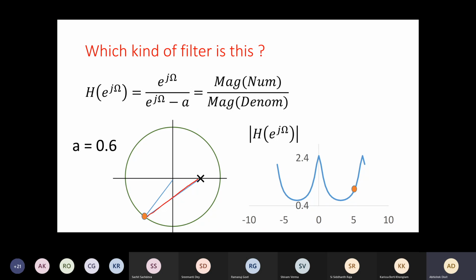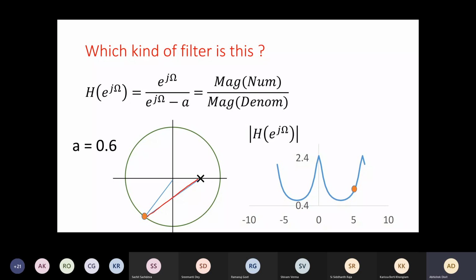Is there any doubt on this part? So when will it be a high pass filter then? We will come to that.